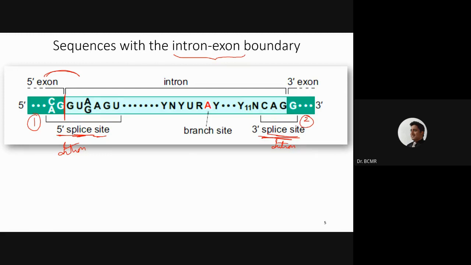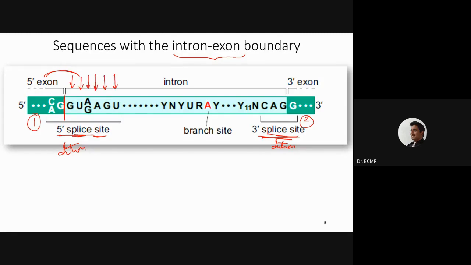If one component has to recognize them, then there must be some conserved sequences in these intron-exon boundaries, right? So typically the sequences are something like this. I don't need you to mug it up, but I need you to understand at least that there is a consensus sequence. What is consensus? That means those bases in this position are conserved like this.